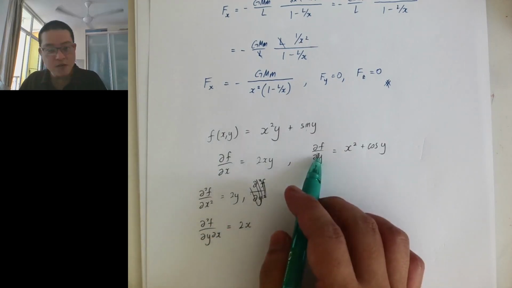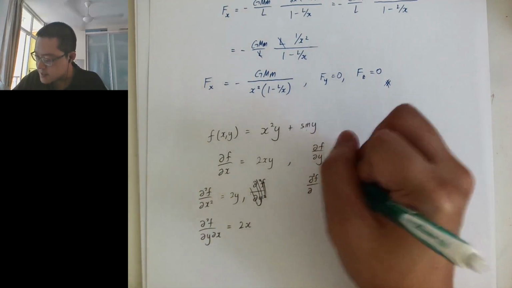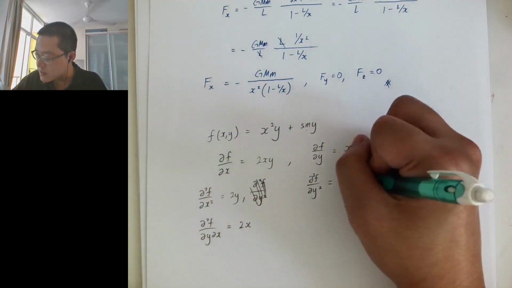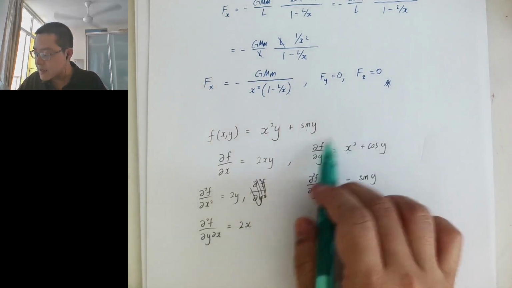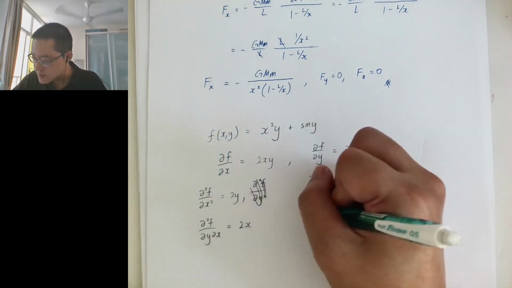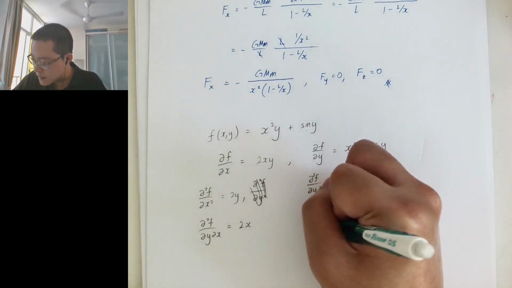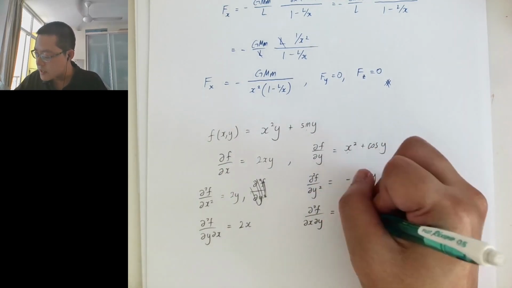And then this one also, I can partial differentiate the second time. So differentiate with respect to y again. This one will be gone, then this becomes minus sine y. And then I can take this and differentiate with respect to x itself, so partial squared f, partial x, partial y. Let's see what we get. If I differentiate this, I get 2x.